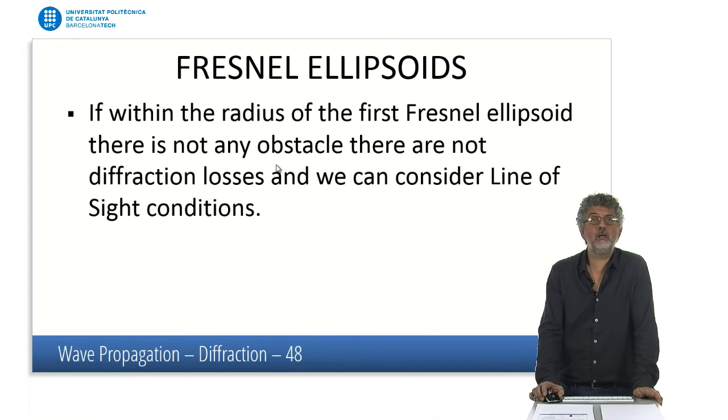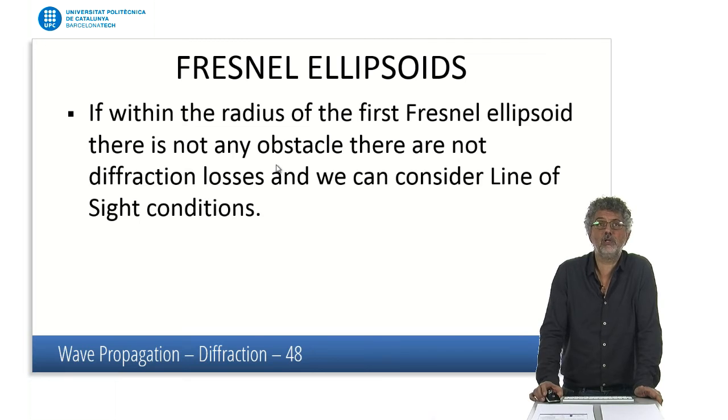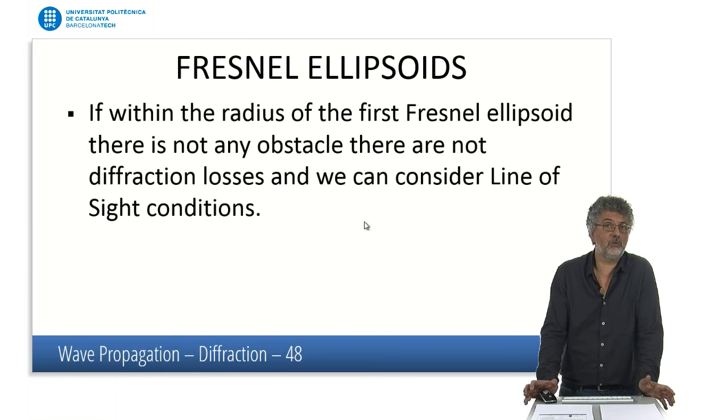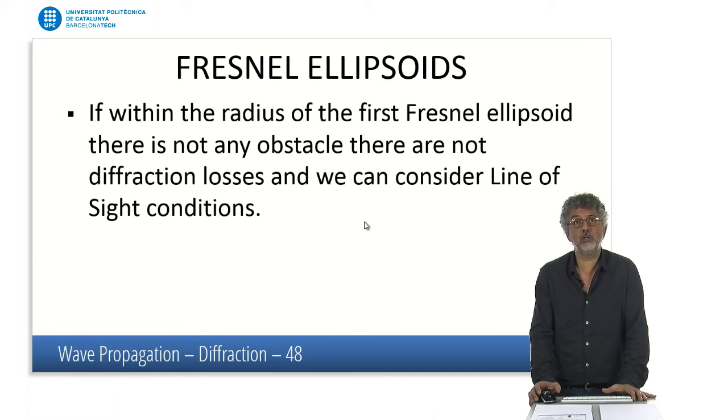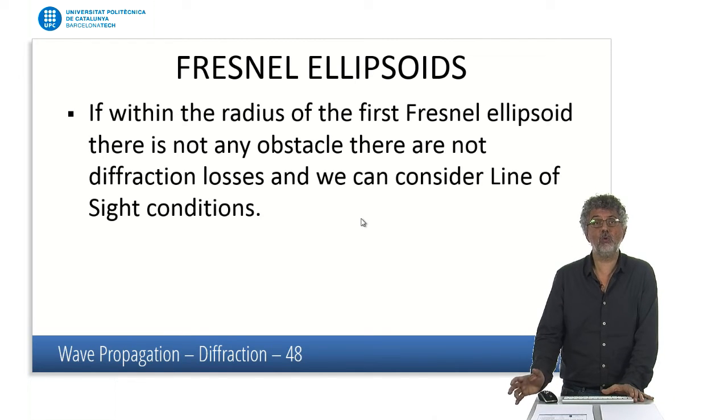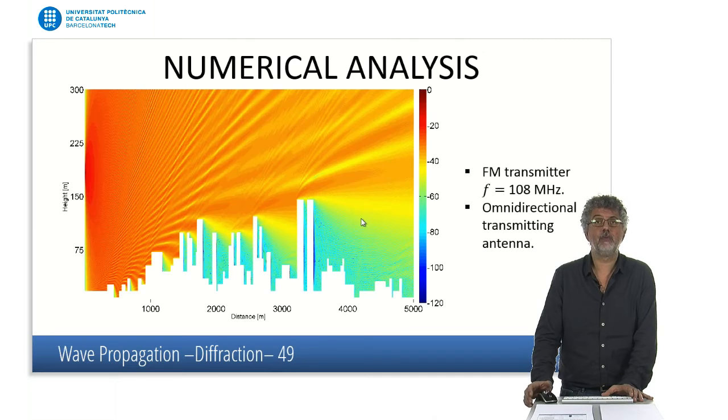If within the volume defined by the radius of the first Fresnel ellipsoid there is not any obstacle, then there are no diffraction losses, and we consider line of sight conditions. So actually the Fresnel ellipsoid is the criterion we will use to decide if we are in free space propagation conditions or we have to consider diffraction.